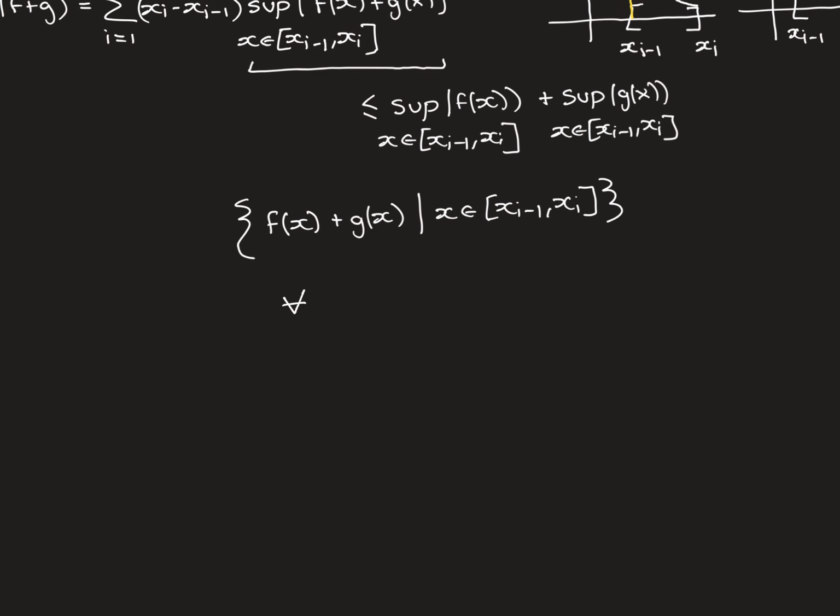So for all x an element of that interval, xi minus 1 to xi, I note that f of x is going to be less than or equal to the supremum of f of x as x is allowed to vary over xi minus 1 to xi. And that follows from the definition of this supremum.